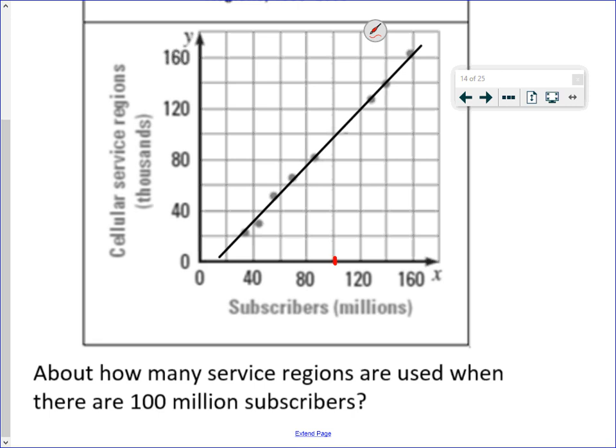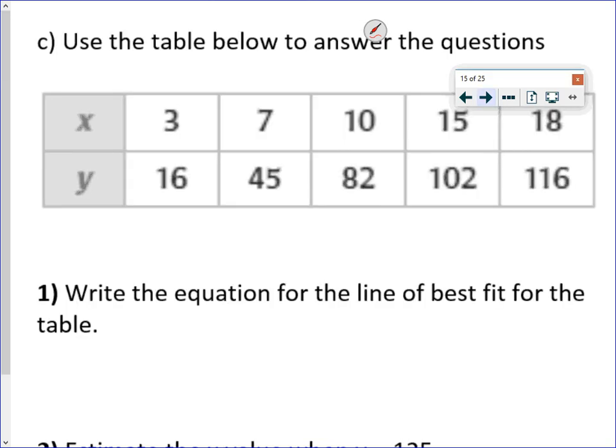So 100 million subscribers is right there. The answer would be around 98,000. Just taking our points off the graph.